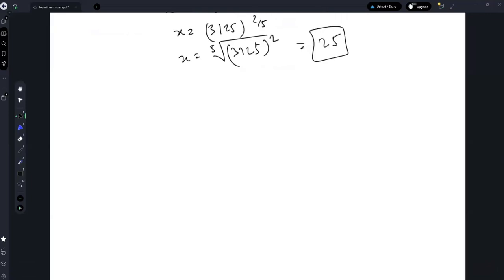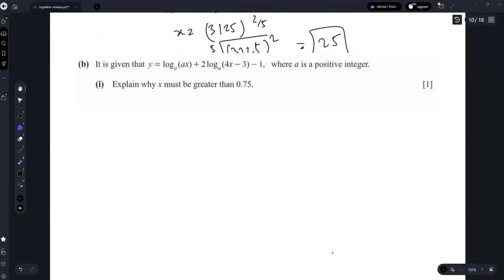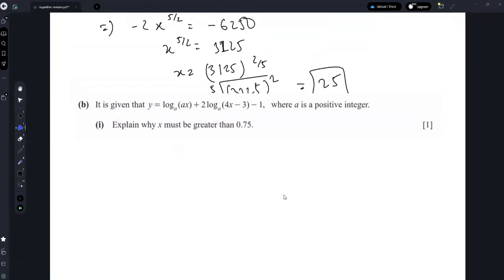Similarly, if I have another question, this one, in this case, I'm going to find out the following. Explain why x must be greater than 0.75. Here's a problem.